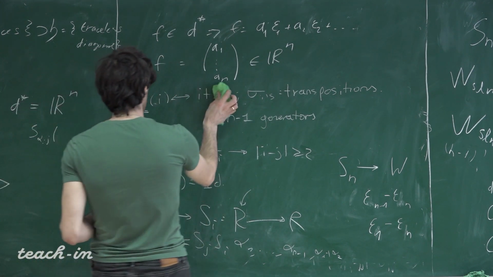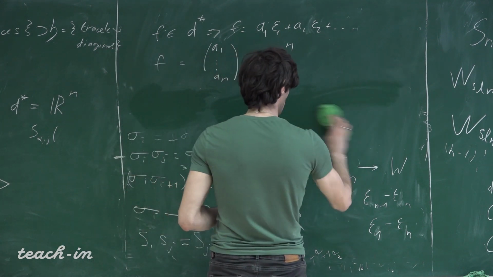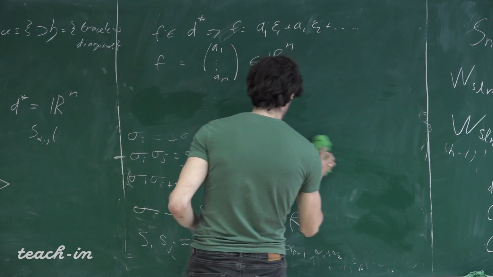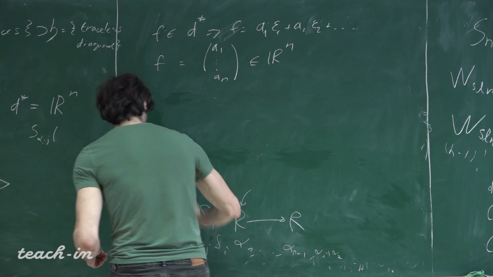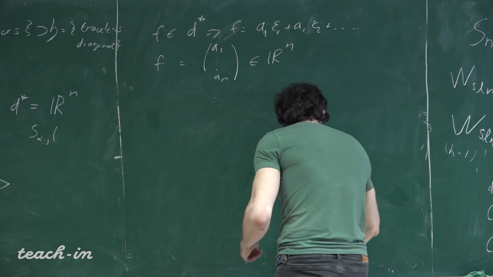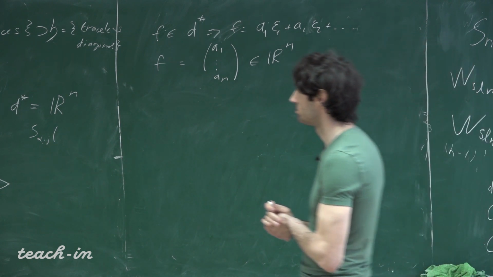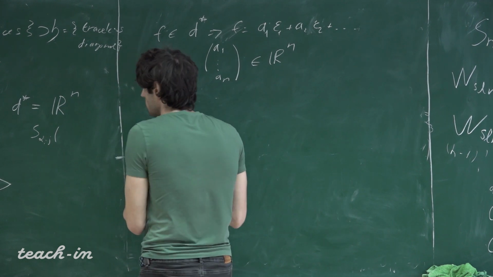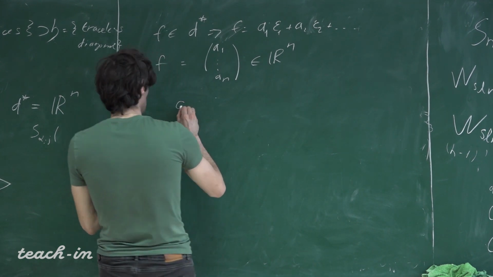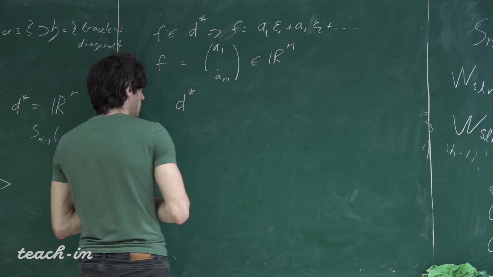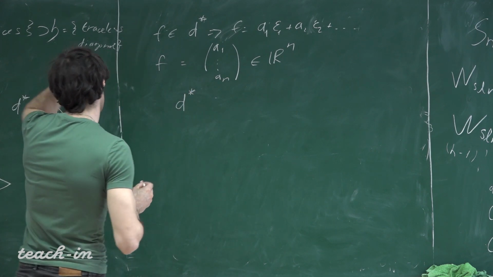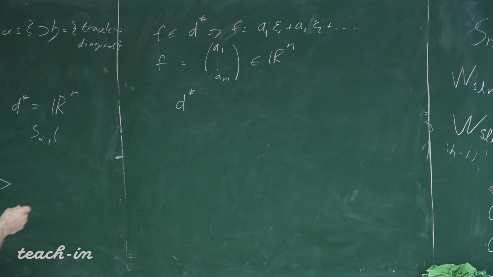Then, if I have an element in D star, what is the inner product that I have in D star?